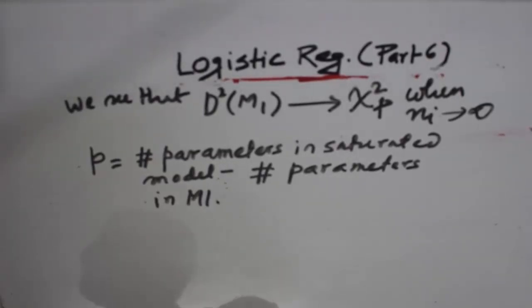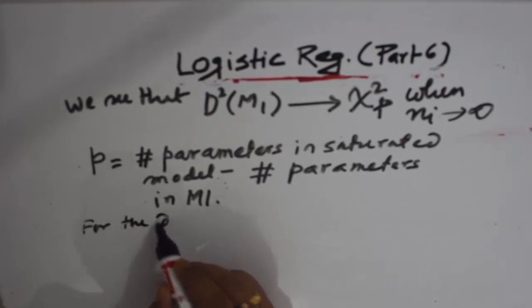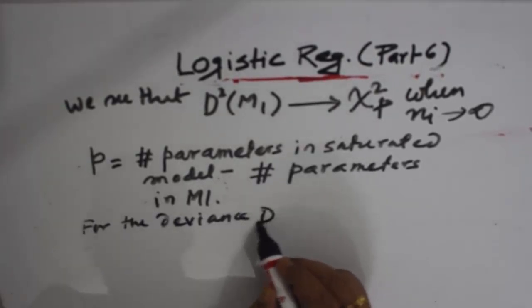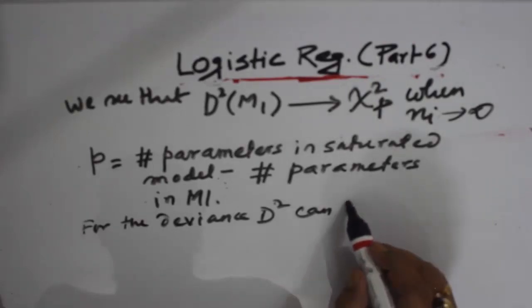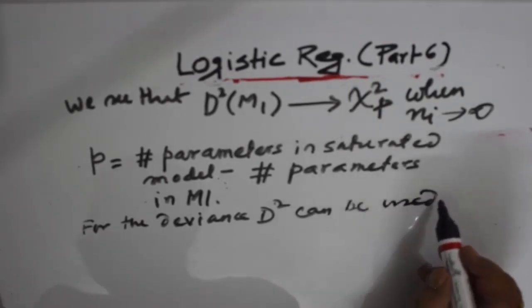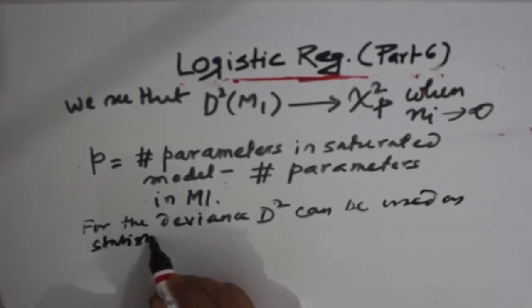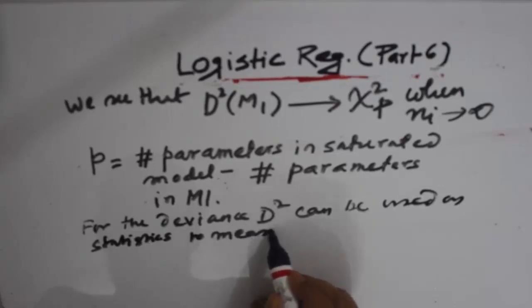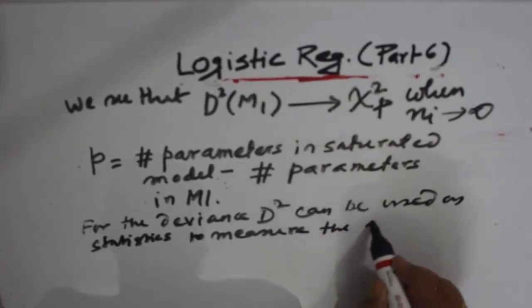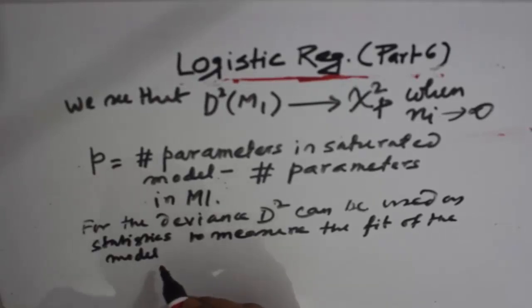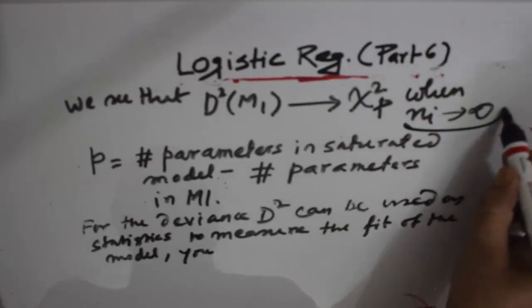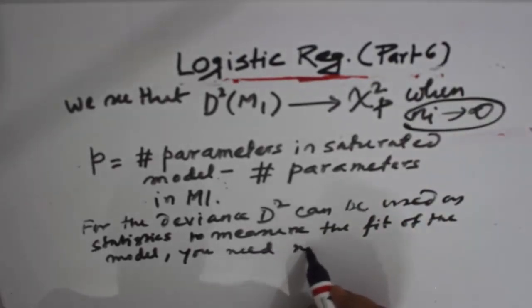For deviance, D squared can be used as a statistic to measure the fit of the model, and as I already mentioned, you need ni tending to infinity for this.